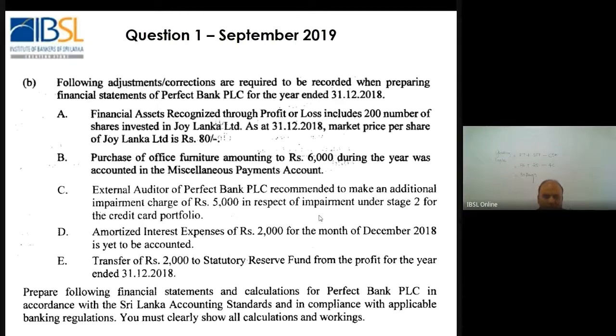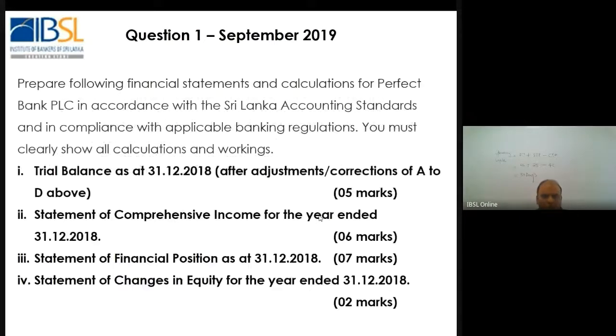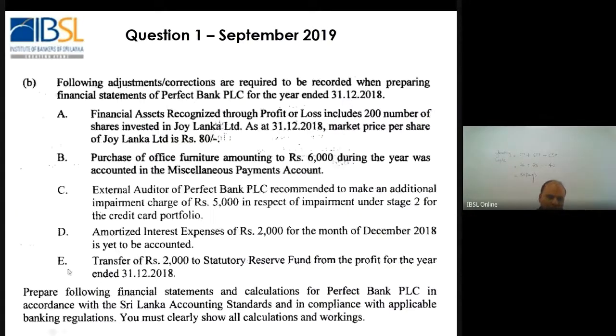But what they say here is they want you to prepare a trial balance after adjusting or correcting from A to D, which means E is not relevant. But what is E? E, they say transfer of 2000 rupees to the statutory reserve fund. Can you remember when we did the regulations for banks, I explained what the statutory reserve fund is. And here it comes.